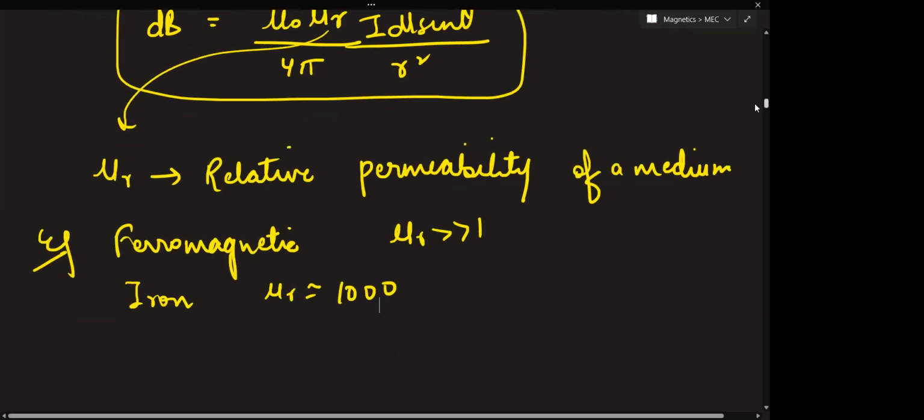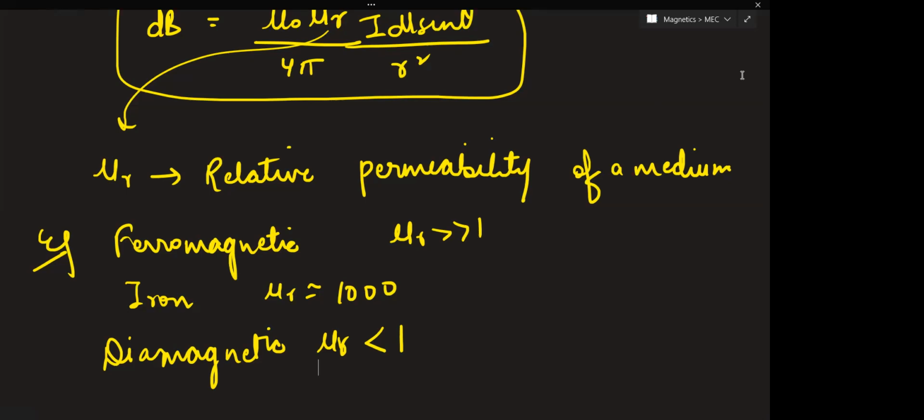Or if you have a diamagnetic substance, then mu r is less than 1. You don't need to learn these relations right now. Mu r greater than 1, mu r less than 1, all this is included in your syllabus, with the comparison of mu naught and mu r for different materials.